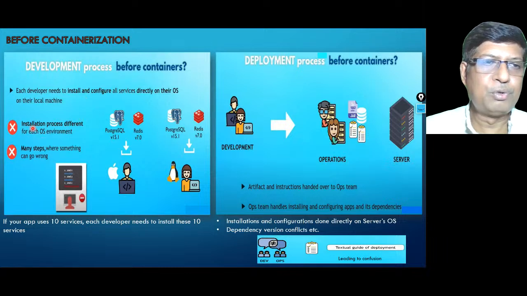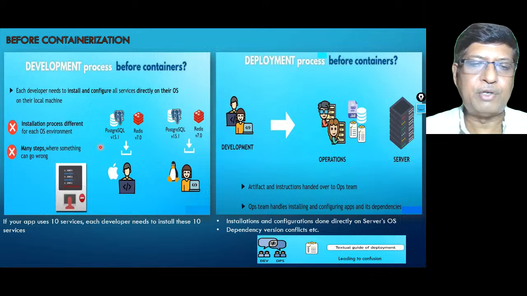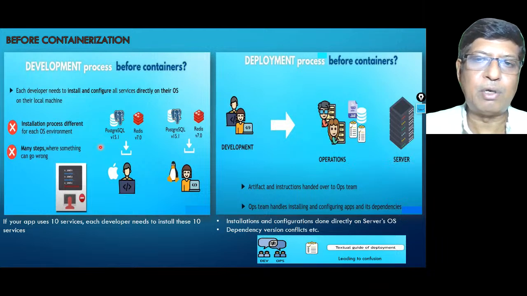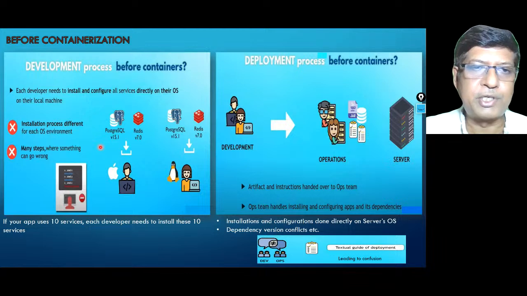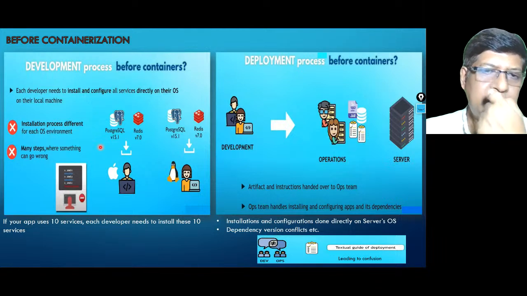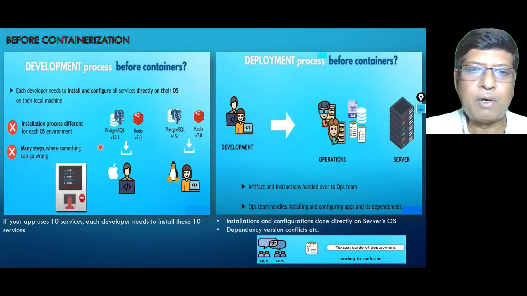So you have to do the installation process differently for each OS environment. Now you have Mac, you have Red Hat, you have Ubuntu, Linux. Even with Linux, you have lots of varieties, lots of flavors. For each of these flavors, you need a different installation process. So the installation process on Ubuntu will be a bit different from the installation process on Red Hat Linux.